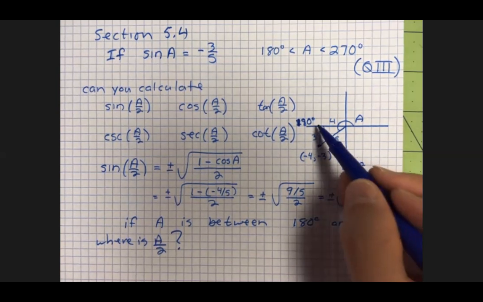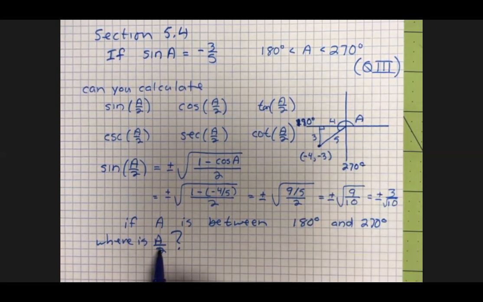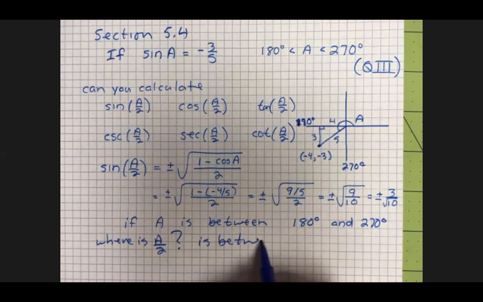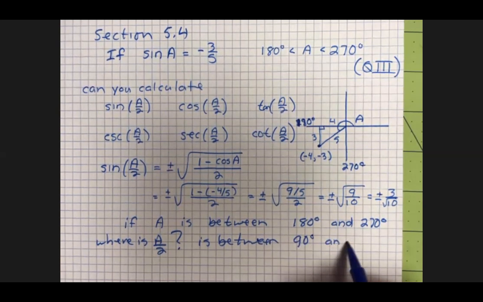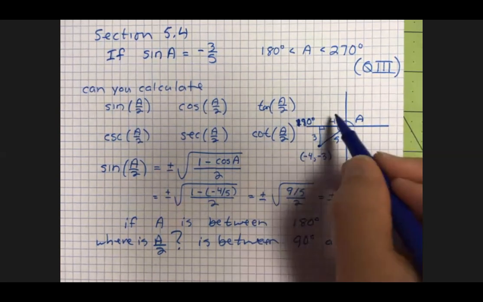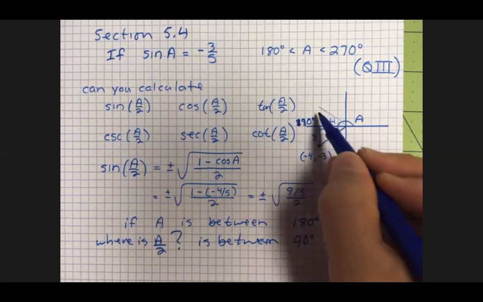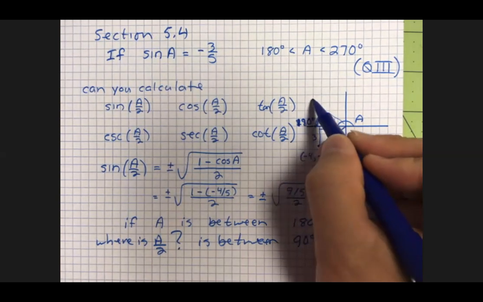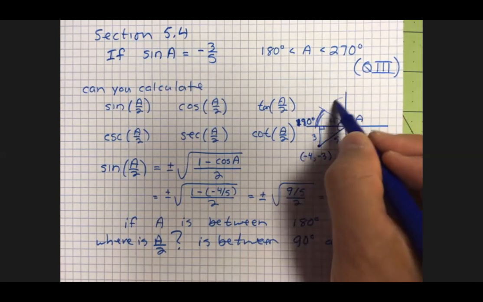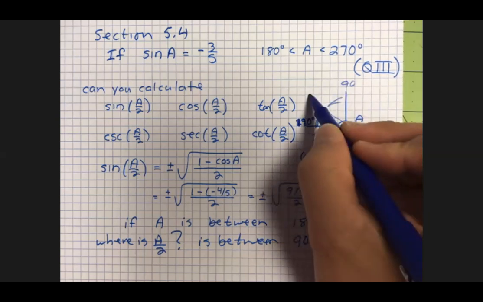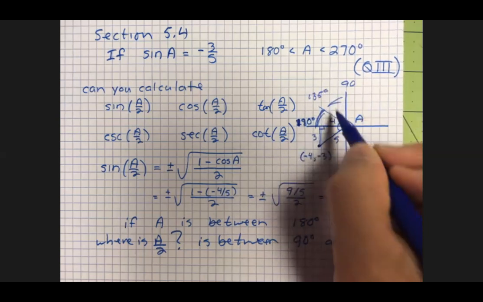If A is between 180 and 270, then half of A is between 90 and 135. That means it's somewhere in here, between 90 degrees and 135 degrees.